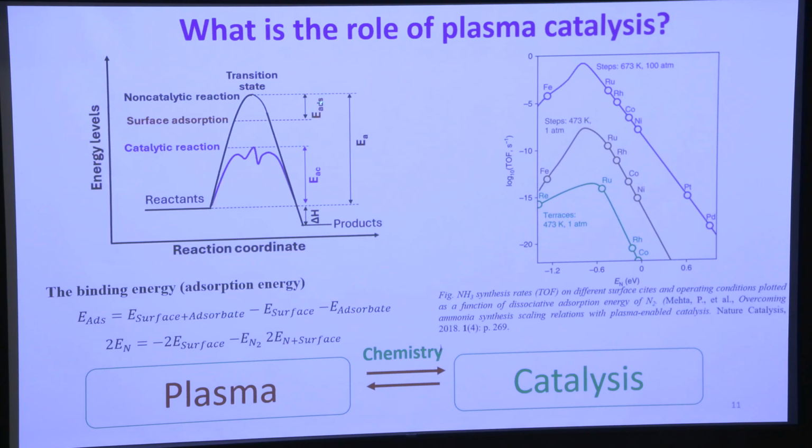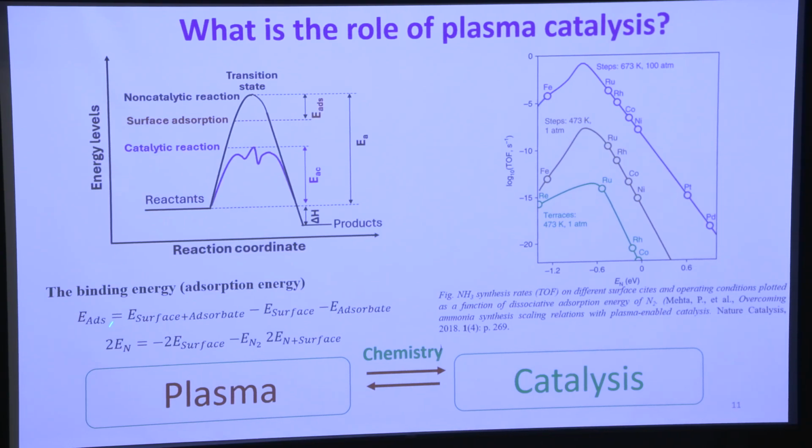So this adsorption energy and the catalytic reaction pathways allow you to do something that it cannot do at the same temperature. So this catalytic reaction and surface adsorption provide you a new reaction pathway, where, for example, nitrogen can adsorb and dissociate on the surface instead of pyrolysis in the gas phase.